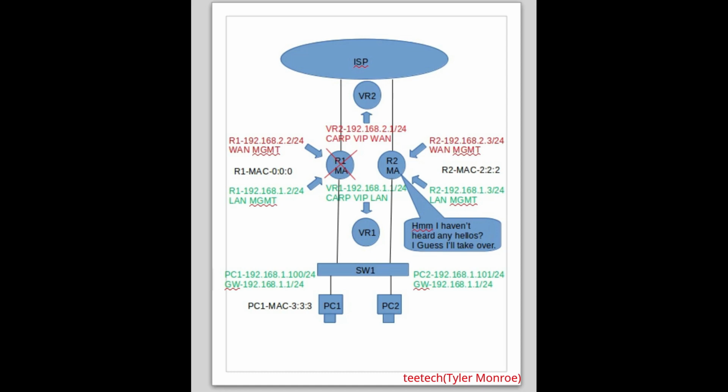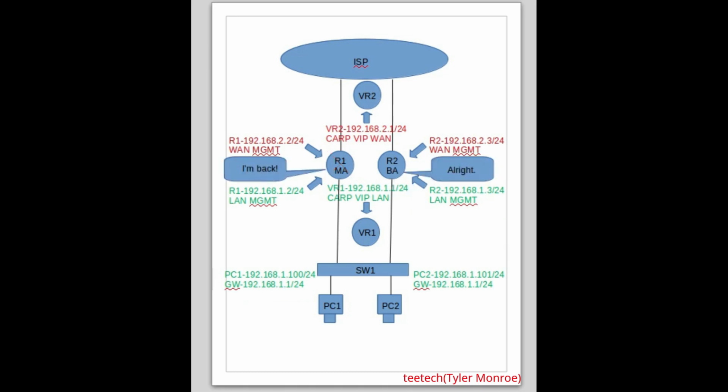Alright? So, he does go down and take that IP over. So now he's there. And that means that actually PC 1 and 2 don't have to be reconfigured, but they can just send transparently to R2 with no problem whatsoever. But the next part is when R1 comes back up, how does he take back over that master role?